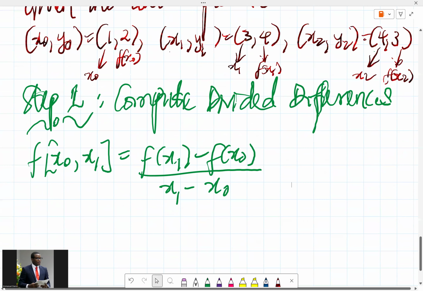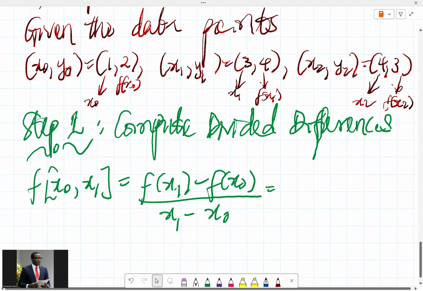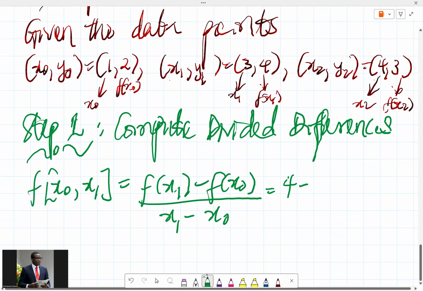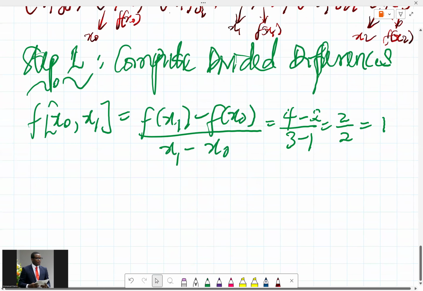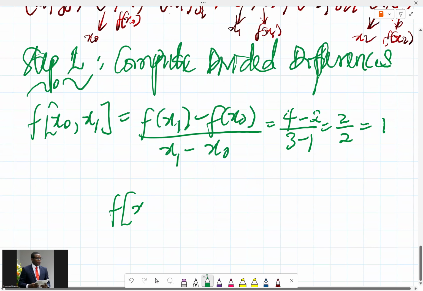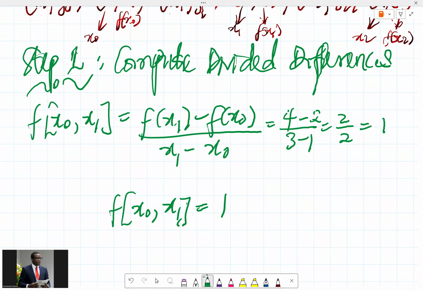So that's f of x1, 4, minus f of x naught, 2, all over x1, 3, minus x naught, 1. So that is 2 over 2, and that is equal to 1. So we see that f of x naught, x1 is equal to 1.